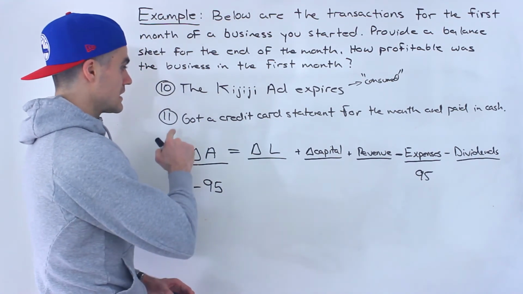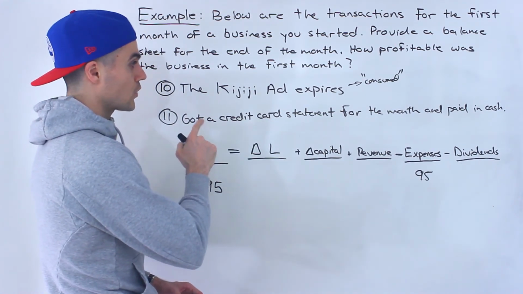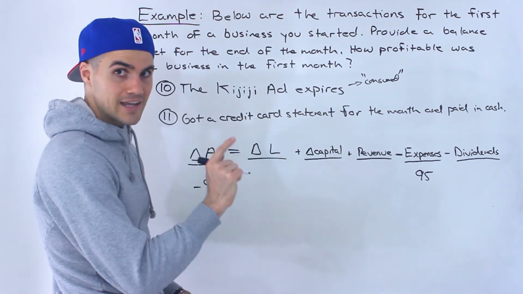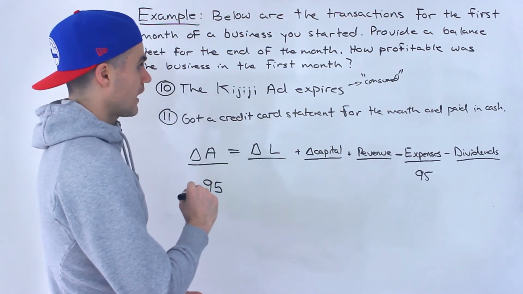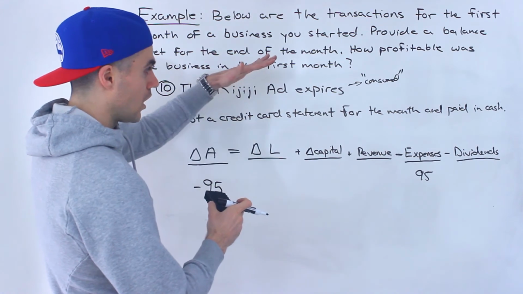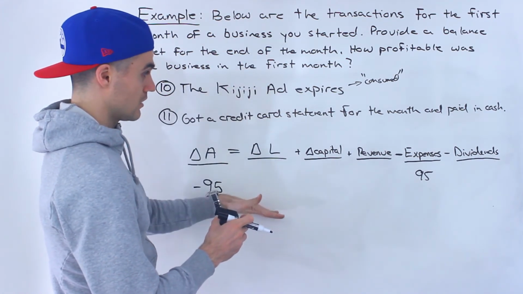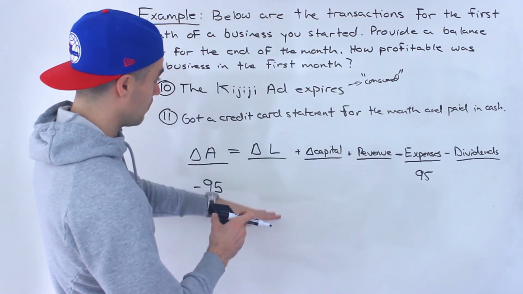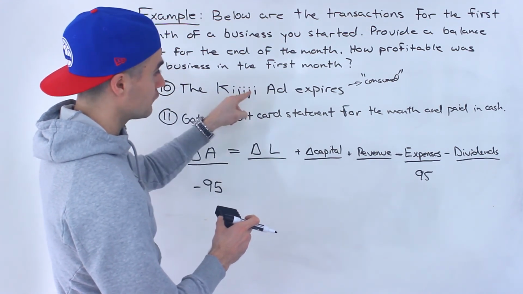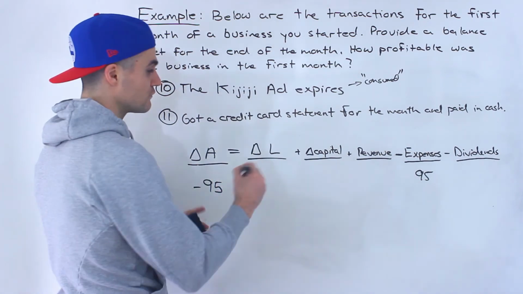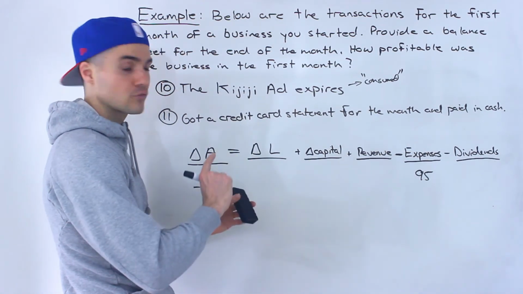Now, the 11th transaction: you got a credit card statement for the month and paid in cash. On your chart, you're inputting all these transactions on the flow chart. You could basically go back up and add up all of the liabilities except for the $500 that you borrowed from your parents.